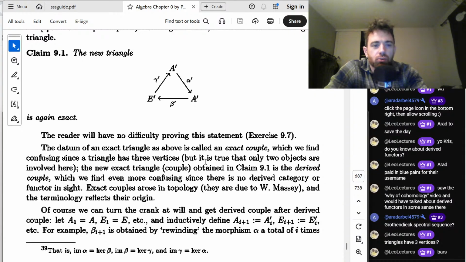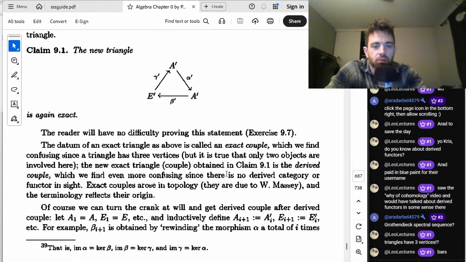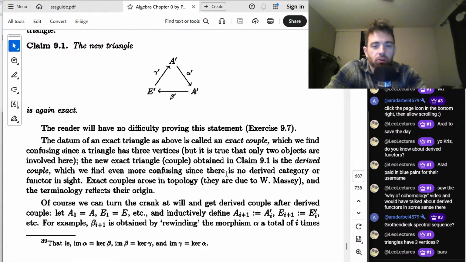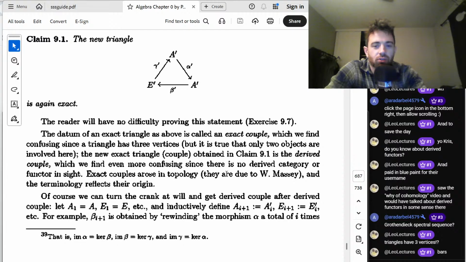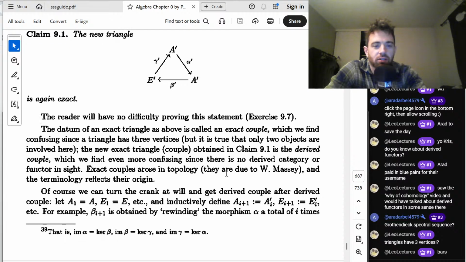But it is true that only 2 objects are involved here. The new exact triangle is the derived couple, which we find even more confusing since there's no derived category or functor in sight. It makes sense to me, though.